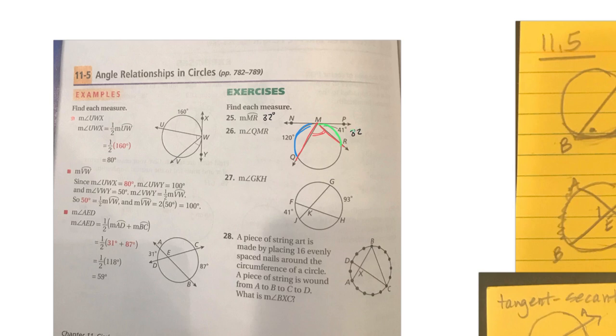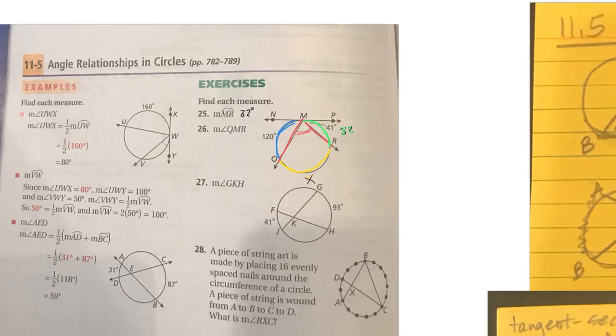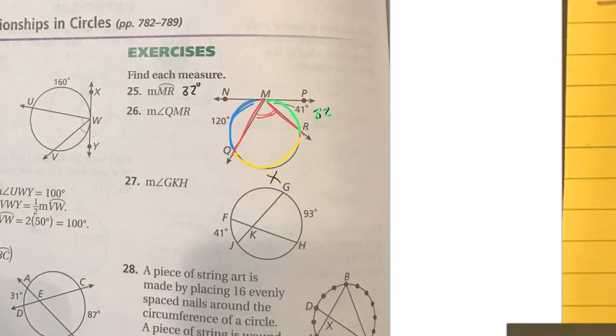We found that. So this yellow arc measure right here, which we'll call X for now, is going to be the result of solving the following equation. We know that 120 degrees plus that 82-degree arc plus the x degree arc is going to equal 360 all the way around.